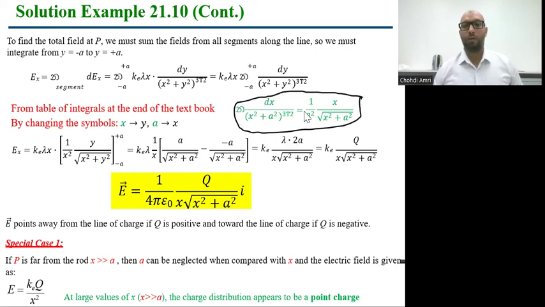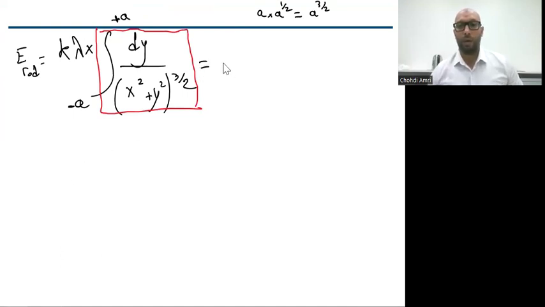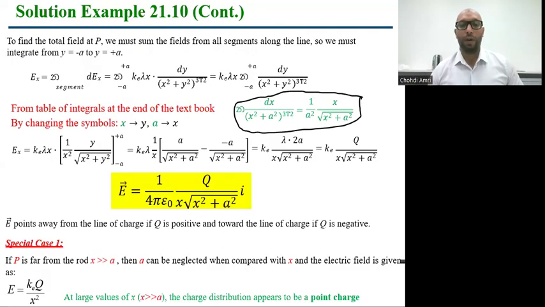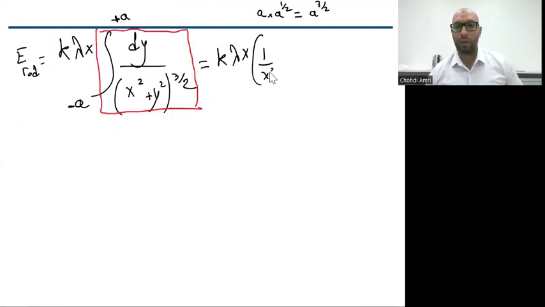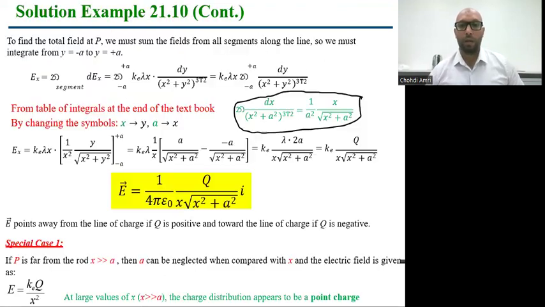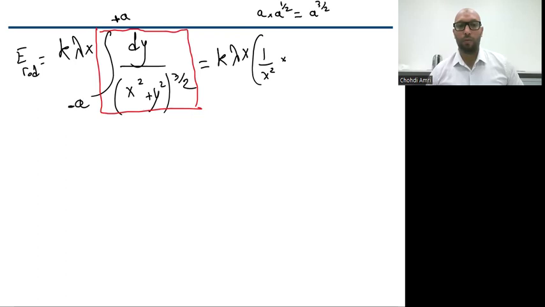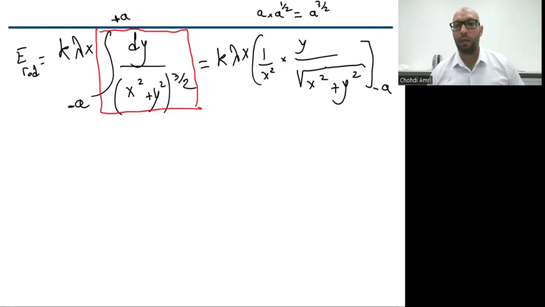It will be equal to 1 over x squared multiplied by y over square root of x squared plus y squared. So our expression will be k lambda x multiplied by 1 over x squared multiplied by y over square root of x squared plus y squared, from minus a to a. And like that, we got the electric field produced by the rod.